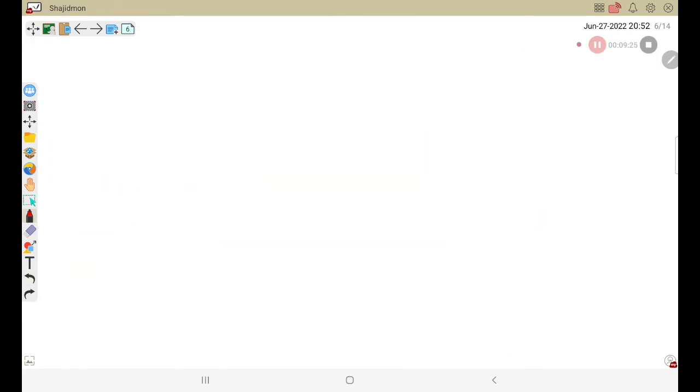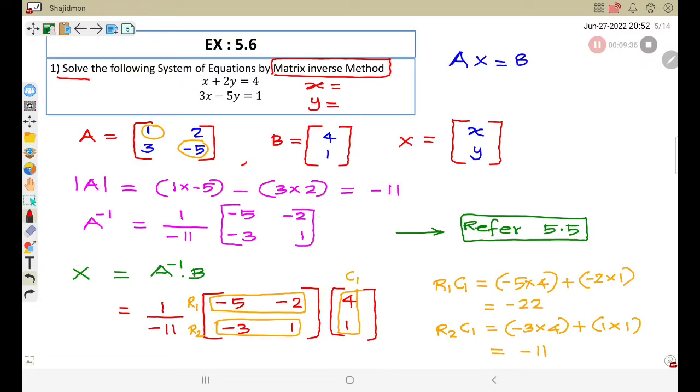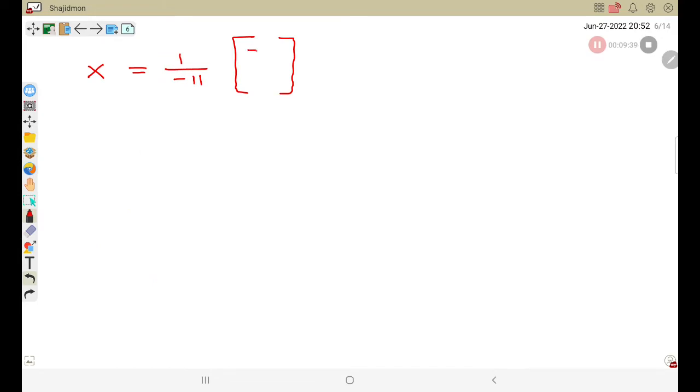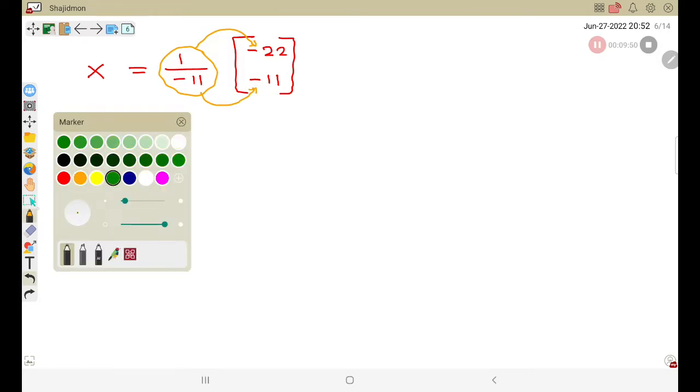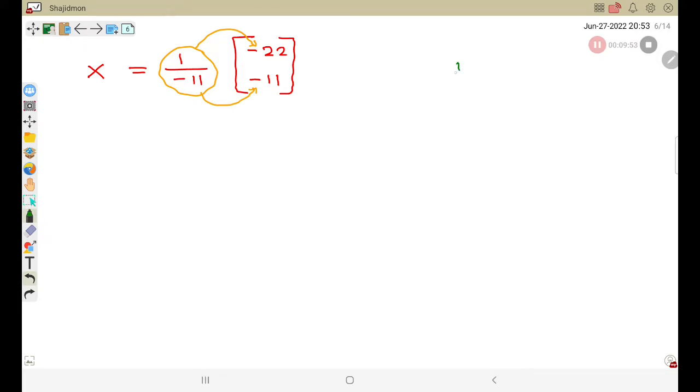Next page I am writing the multiply step. So X equals 1 over -11 times the matrix with first number -22 and second number -11. Now we multiply 1 over -11 inside with the first number and the second number. 1 over -11 multiplied by -22: you can check by calculator, -22 divided by -11 is 2.